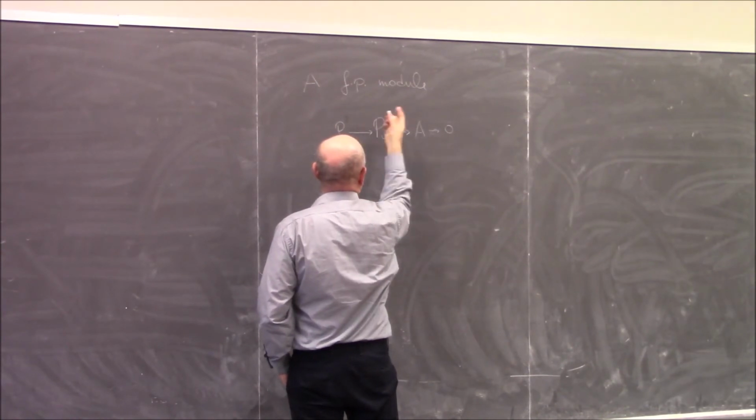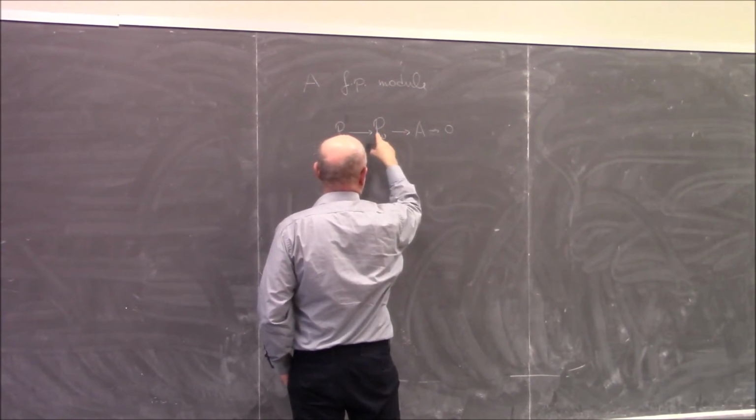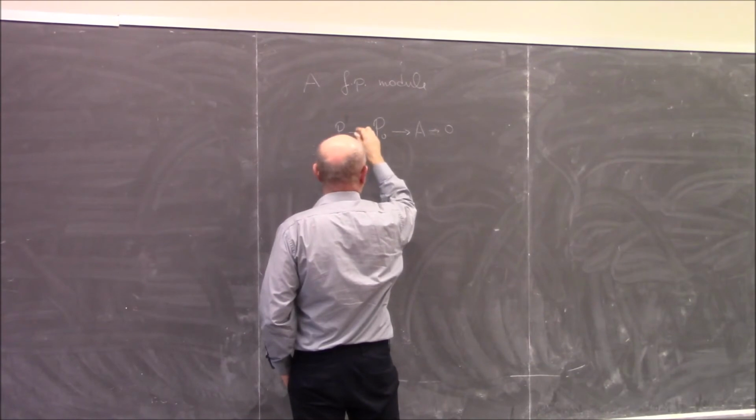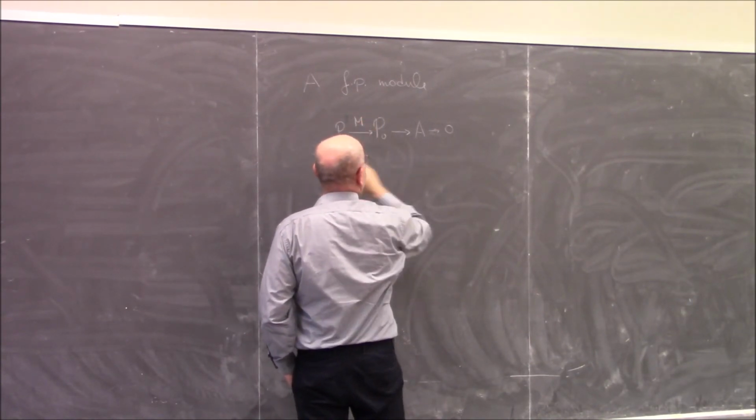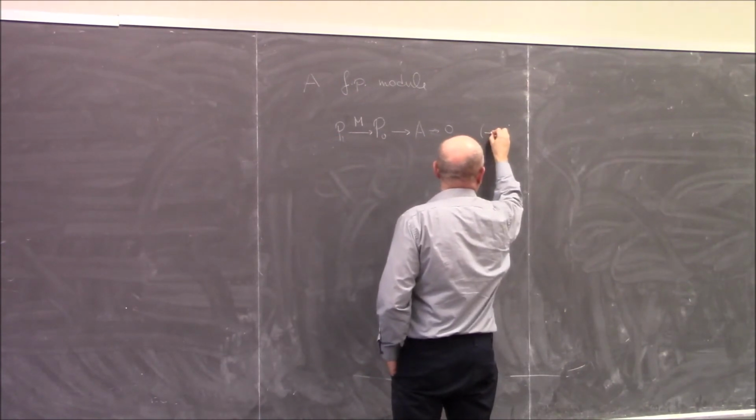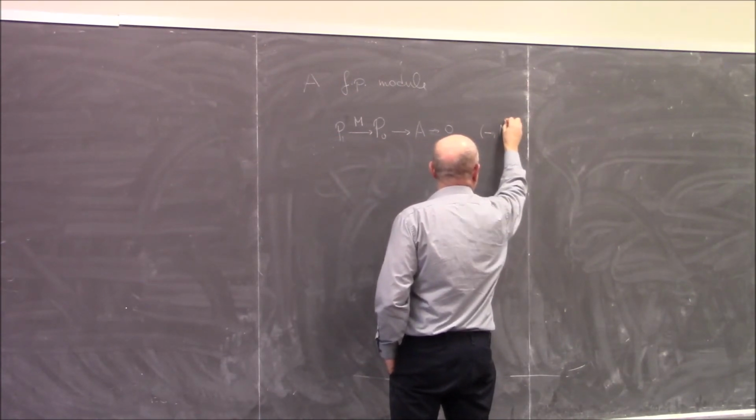Say this is given. If these are free, then this map is just given by a finite matrix. Now let's apply the functor Hom into the ring.